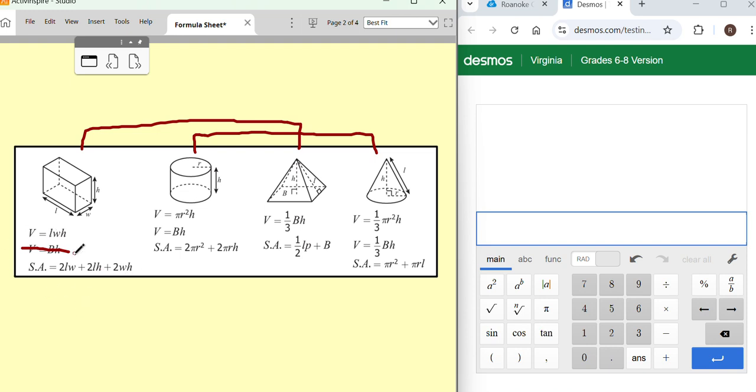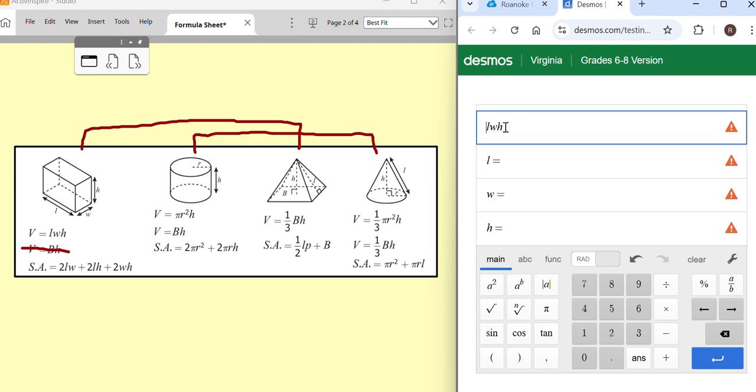Remember, when you put these formulas in the calculator, you can type V equals LWH, and then of course tell it what those things are, just like in any other formula. L equals, W equals, H equals. But personally, I wouldn't type this. I would just do the formula.